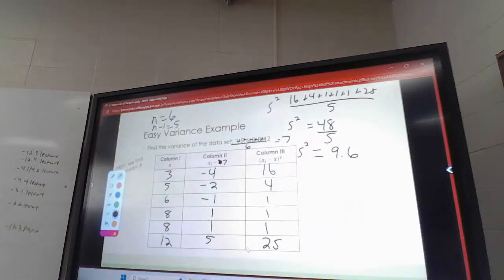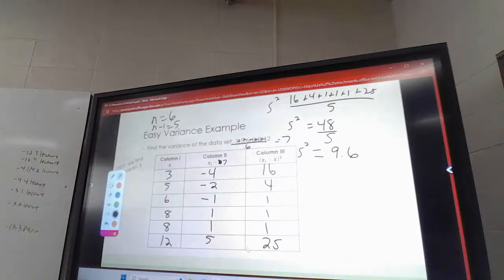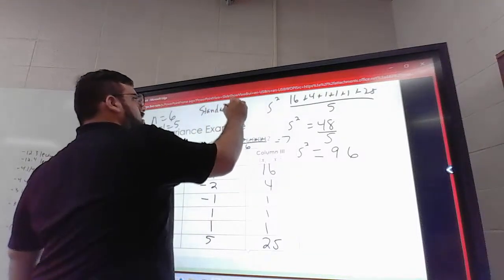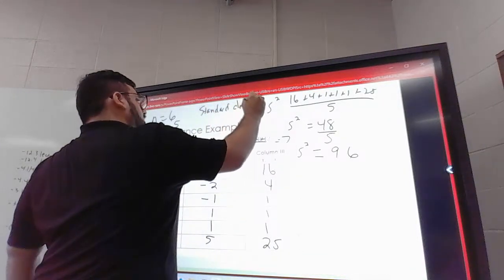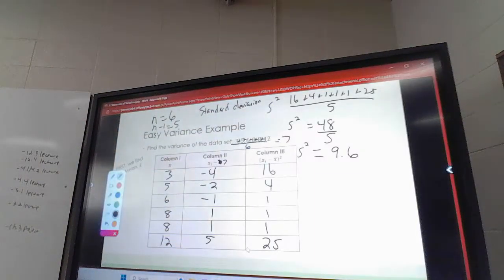Now, there's one more step that we're going to add. We've already found the variance, but now we can go one step further and find the standard deviation. Basically, your standard deviation is a measure that calculates the distance from the mean.